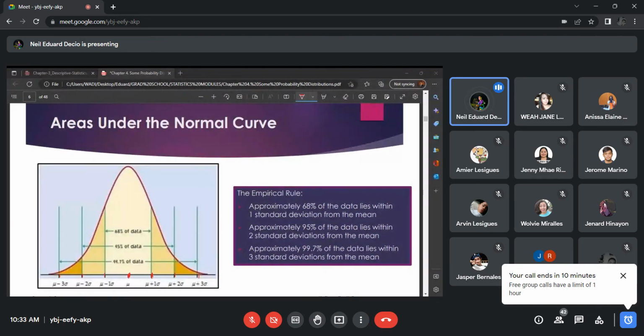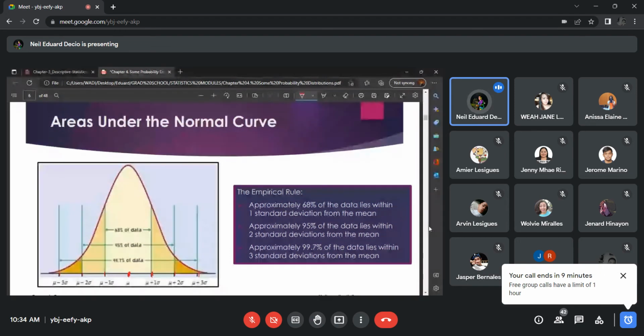So again, according to this empirical rule, we can actually get how much data there is from the mean to +1 standard deviation.